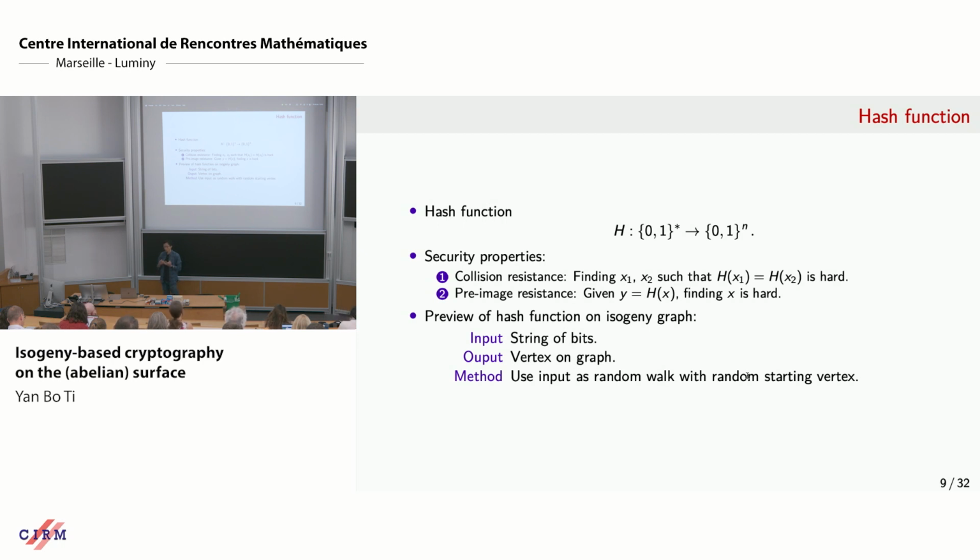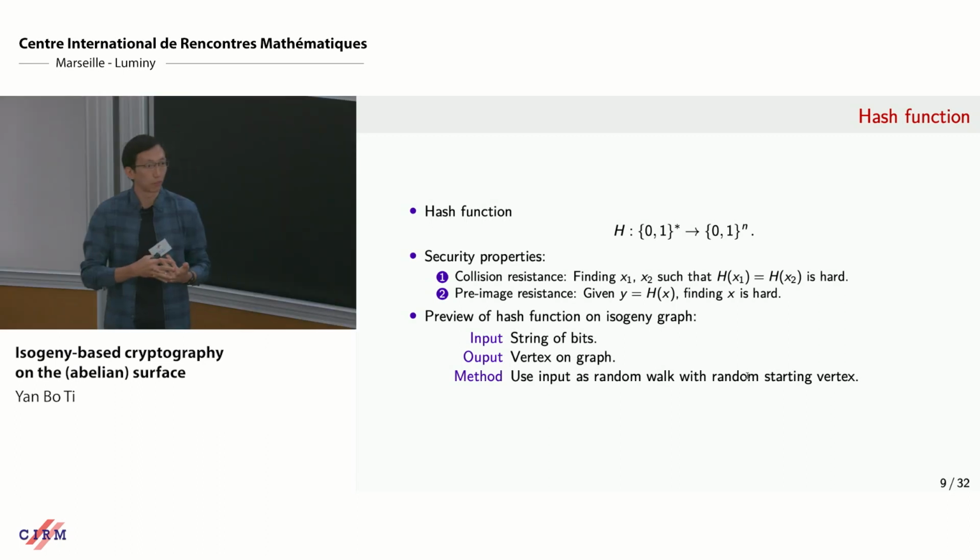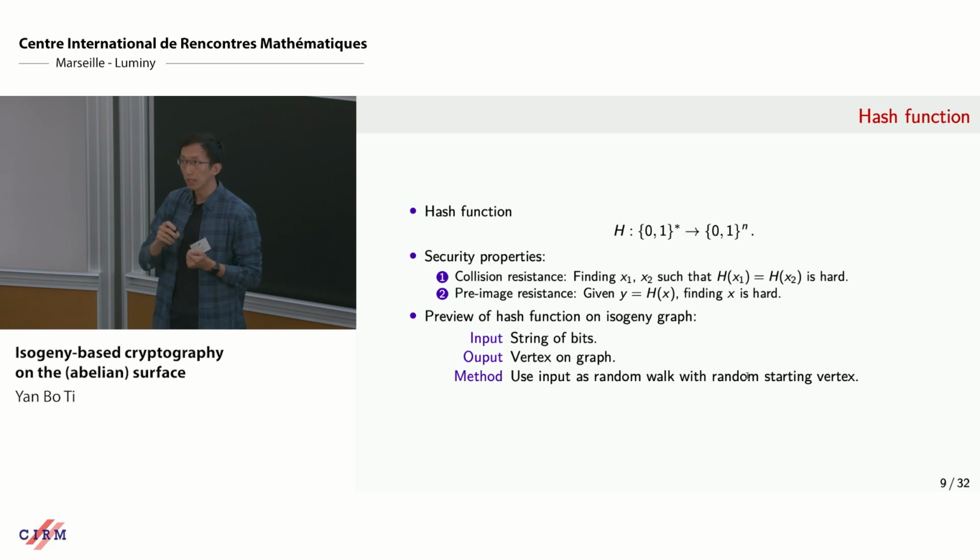So this is just going to be a preview of the hash functions on isogeny graphs. I showed you an isogeny graph just now, and I showed you a hash function. So the most logical thing is to put the two of them together. The input would be some string of bits. The output will be a vertex on the graph.